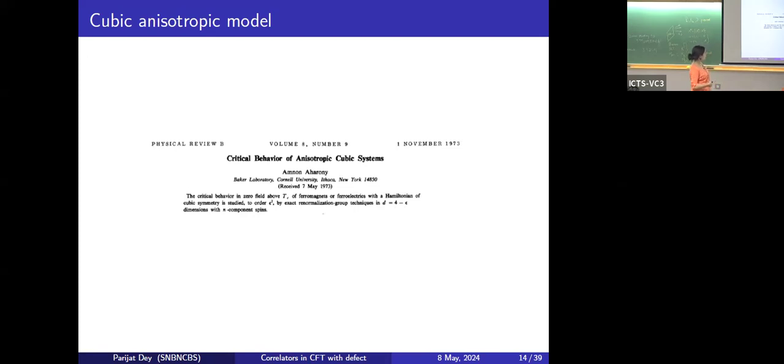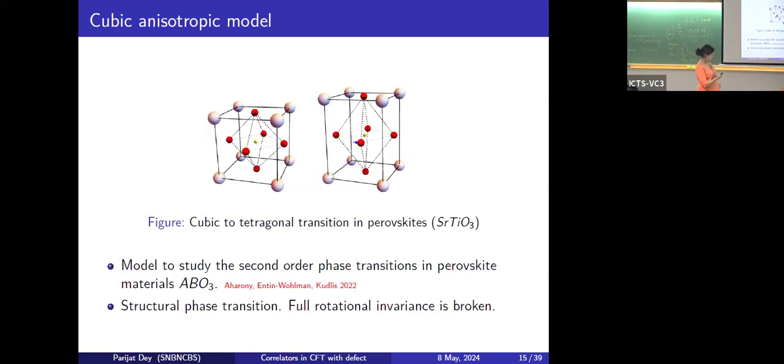And what they have done is they have studied this model using the renormalisation group approach in 4 minus epsilon dimensions with specific n component spins with this symmetry. So this model describes a phase transition from a cubic to tetragonal structure.